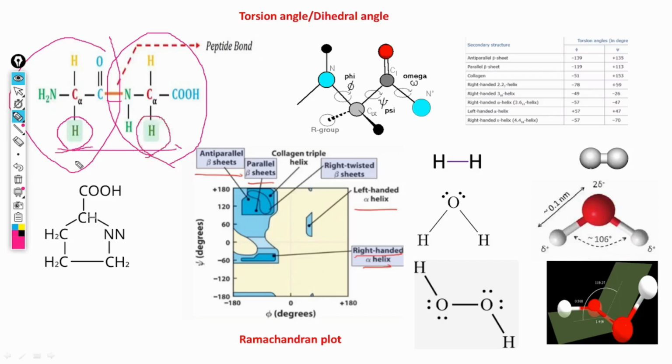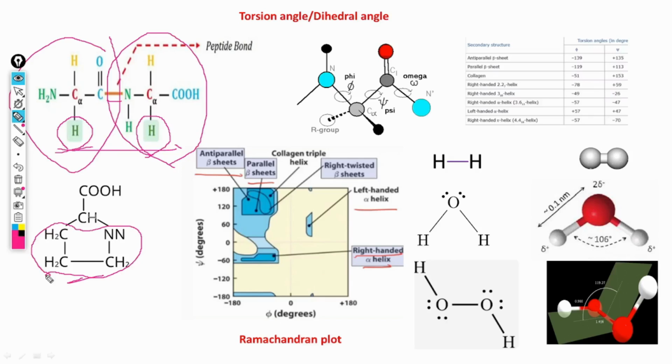For example, if the proline is included in the peptide, this is the structure of the proline, and the R group is like this. This is the R group and it is more complex. Because of this complex or bulky R group, it cannot allow rotation of the angles.